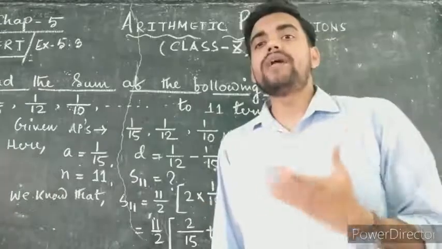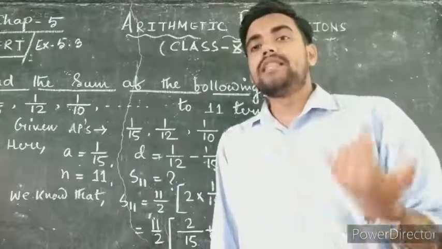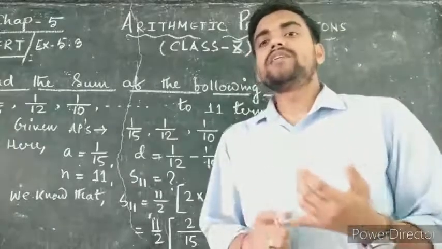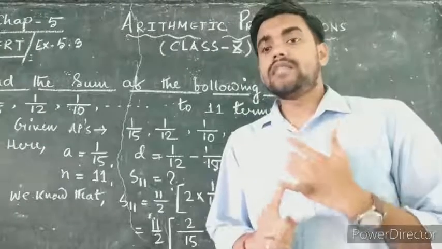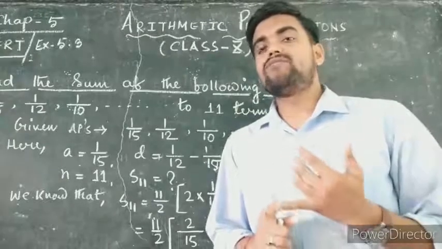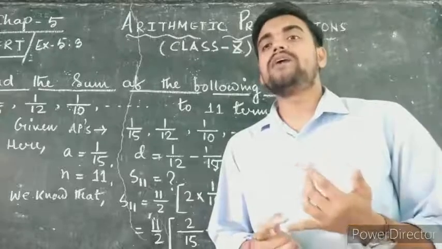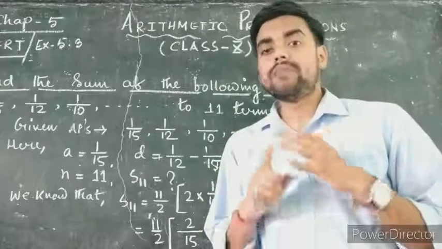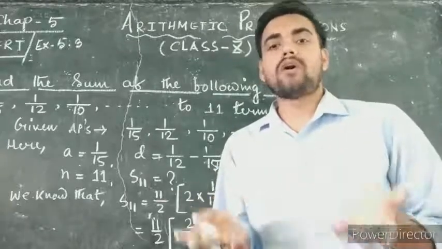When we find the sum of n terms, three things are needed in your hand. First, the first term; second, the number of terms in the given series; and third, the common difference.